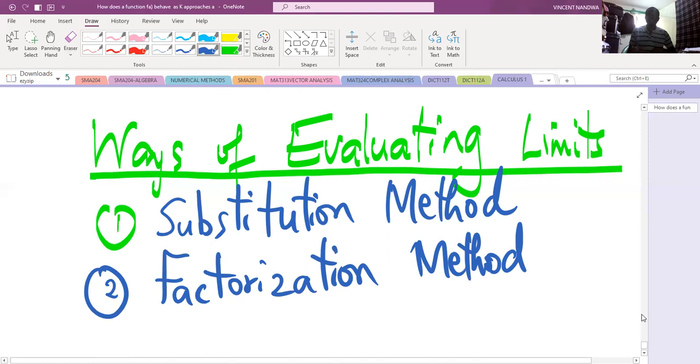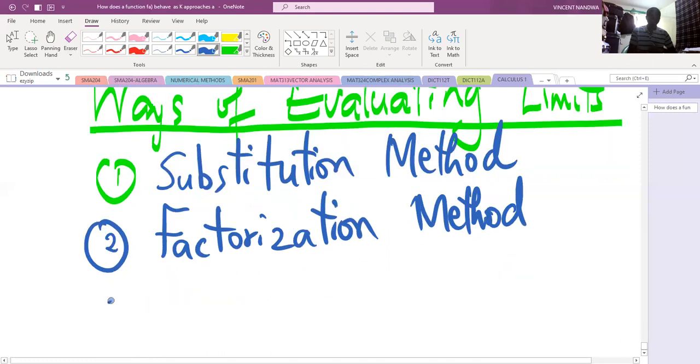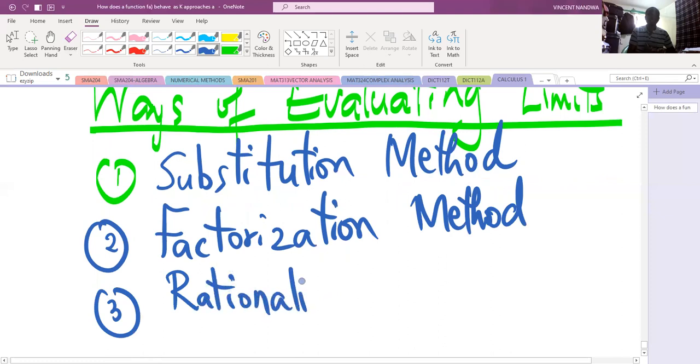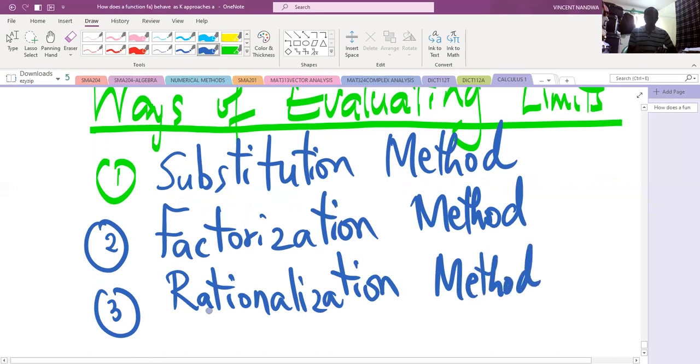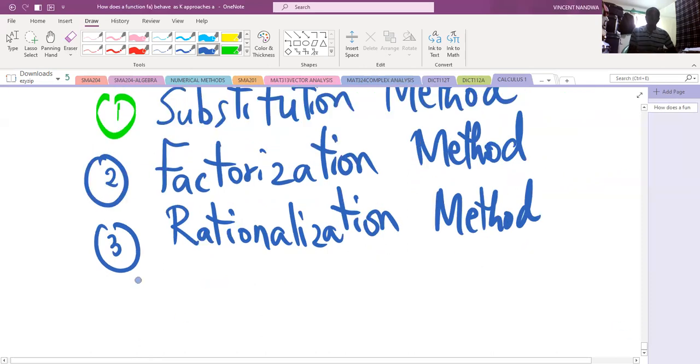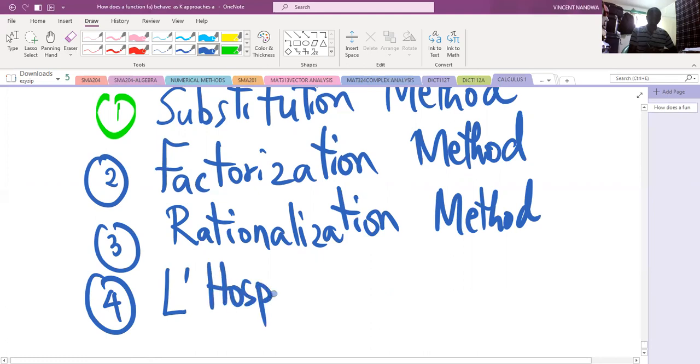If factorization doesn't work, you can try rationalization. So remember, rationalization is both rationalizing the numerator and the denominator. And then number 4, we have what we call L'Hopital's rule.